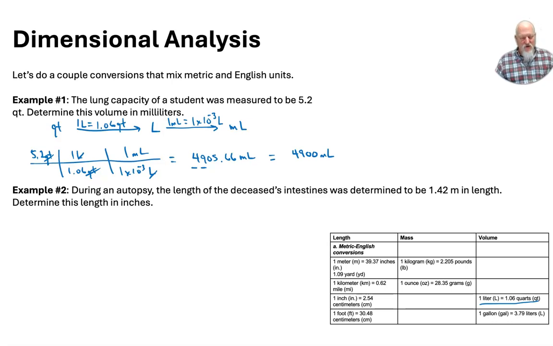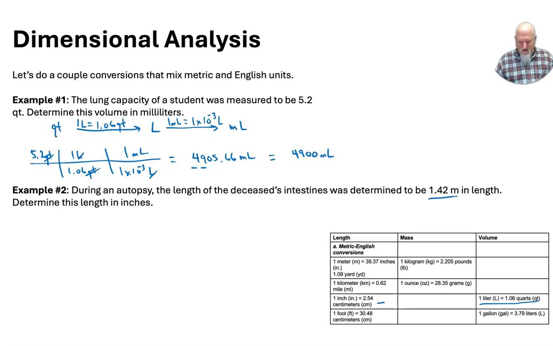Okay. Sample 2. During an autopsy, the length of the deceased's intestines was determined to be 1.42 meters in length. Determine the length in inches. Okay. So we've got measurement here. We're in meters, and we need to go to inches.